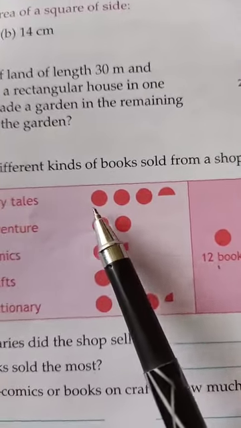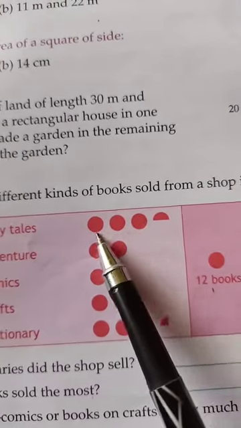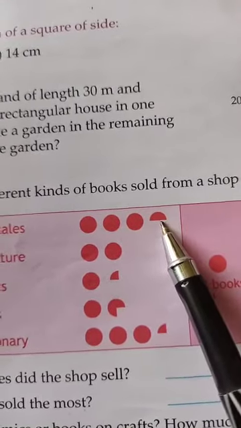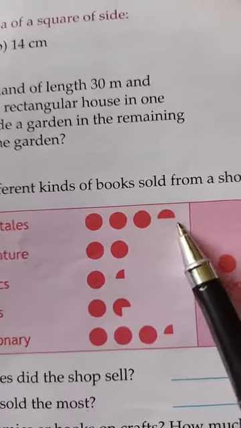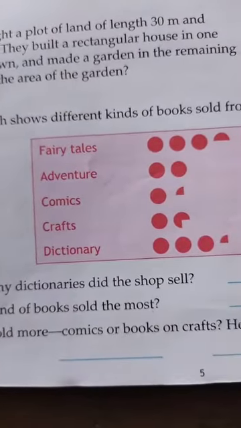One circle is 12 books, and there are 3 circles. So 3 into 12 is 36. Then half a circle means 6 books, so 36 plus 6 is 42. So there will be 42 fairy tales. In this way, you can calculate very easily and fill in the questions given below.